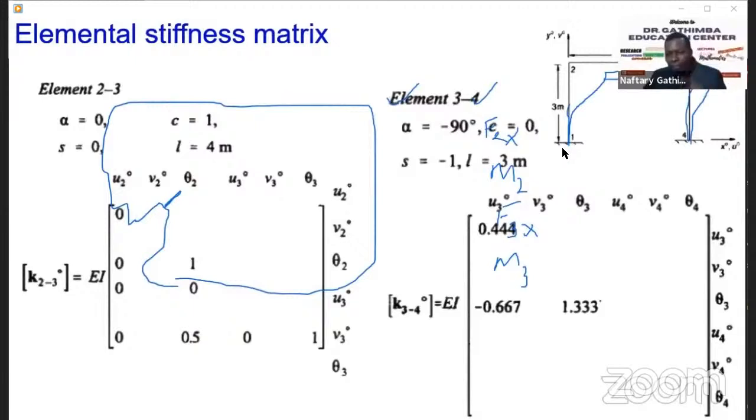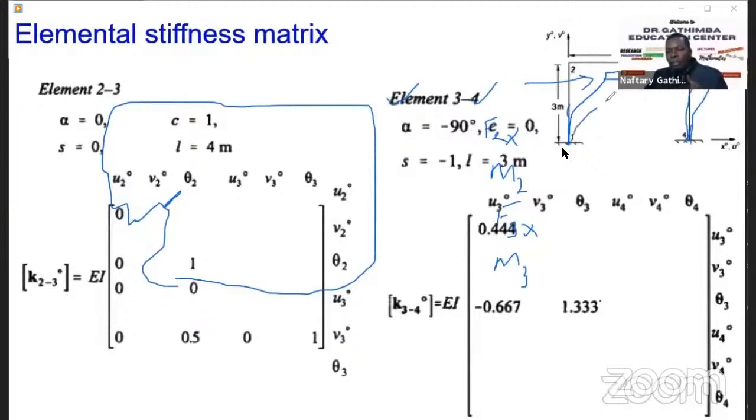But the structure itself, as a whole, is being pushed downwards, so it will add to the structure deformation.